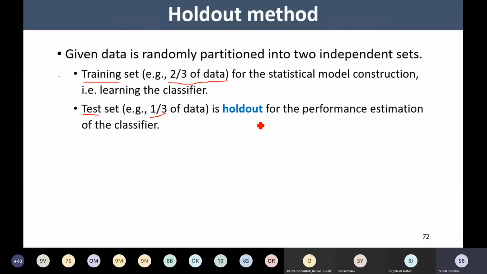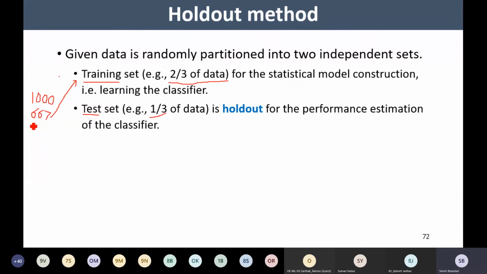If, for example, I have 1000 examples in my data set, I will pick 2/3 of those samples, approximately 667 samples, to be utilized for training.